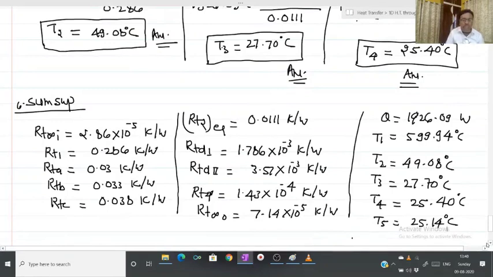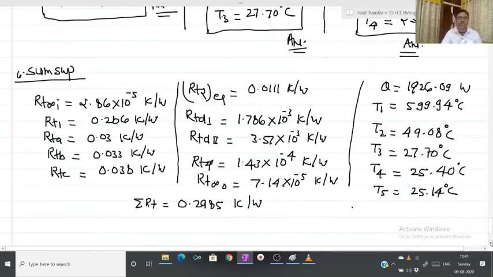Apart from this, we have also calculated total thermal resistance, which comes out 0.2985 Kelvin per watt. These are the calculations we could do successfully.